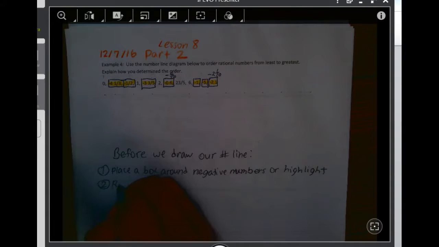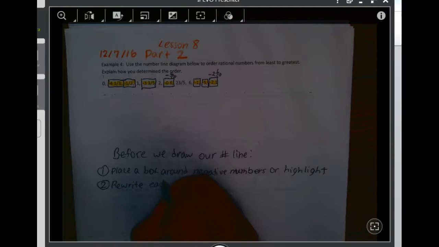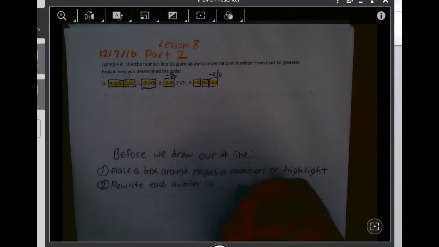So our second step is to rewrite each number in the same form.